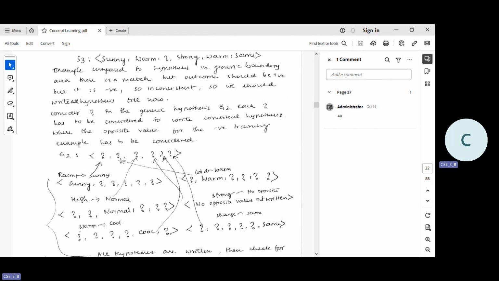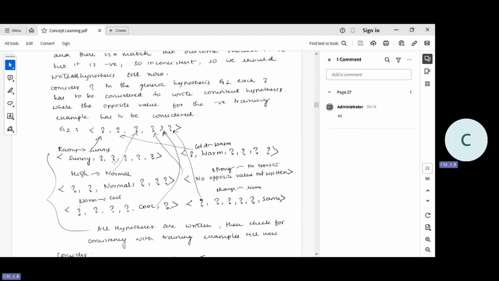And for the second question mark, we are observing here. We retain the first question mark as it is. For the second question mark, we replace the cold attribute value with warm, that is the opposite of cold, and the remaining are all question marks, so we write it as it is. And again we go to the third question mark.